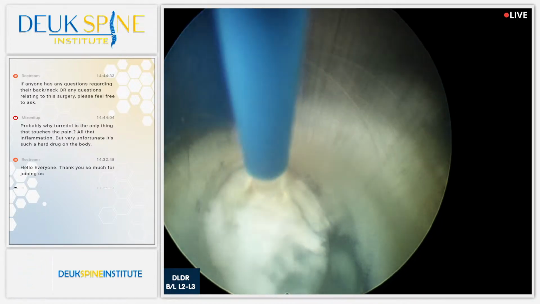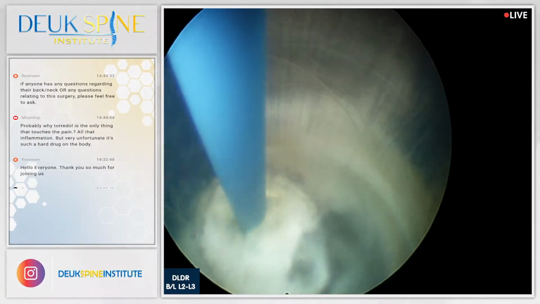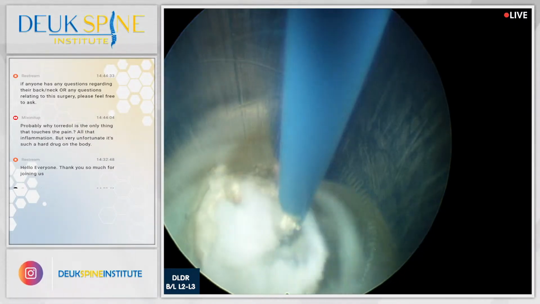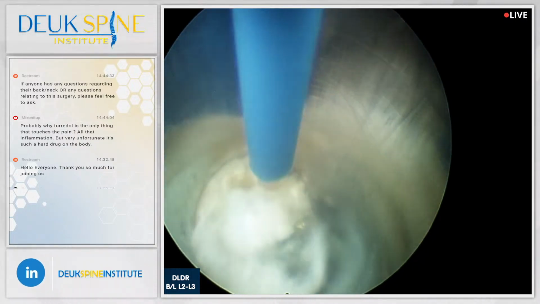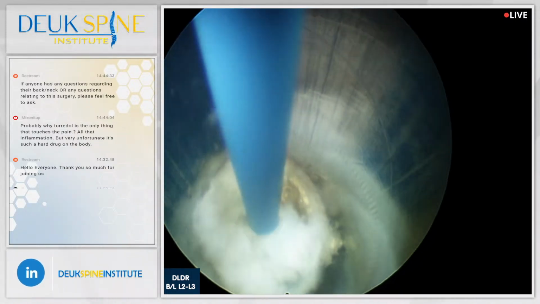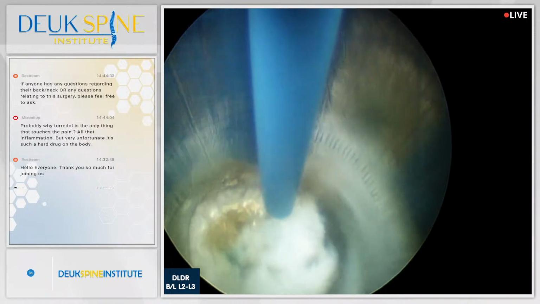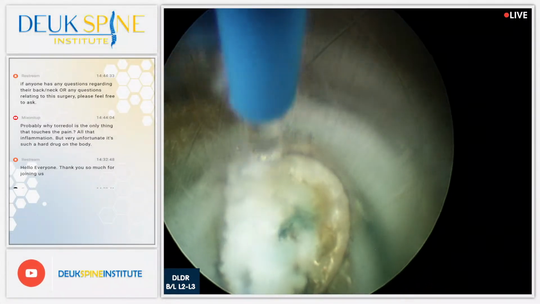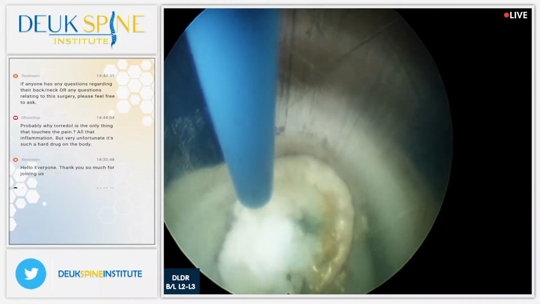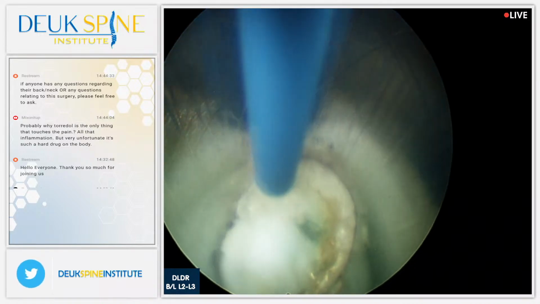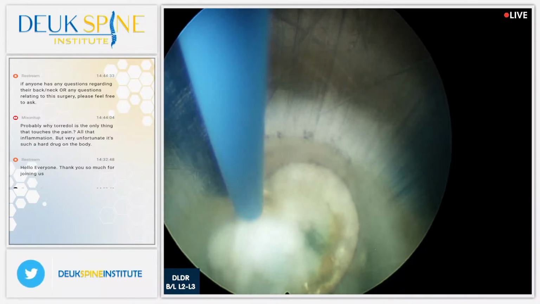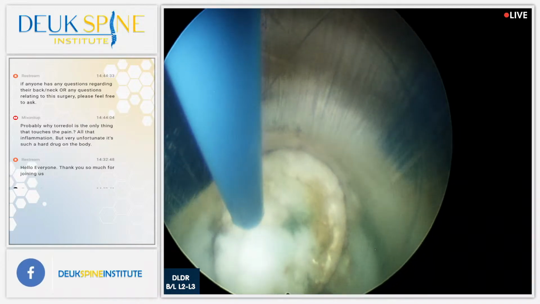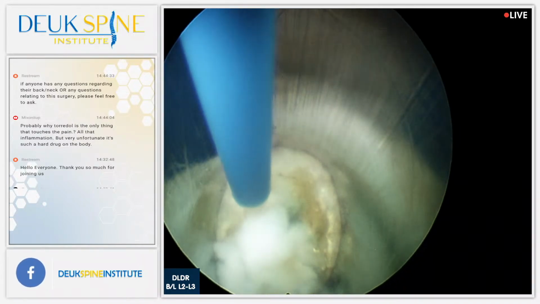Some pieces are small, some pieces are big, and every time you push another piece out through the tear, it makes the herniation bigger and resets the inflammation, restarts it. So you can see the tear right here. And we're starting in the deep part of the tear. We're going to work our way out to the superficial or surface of the disc.